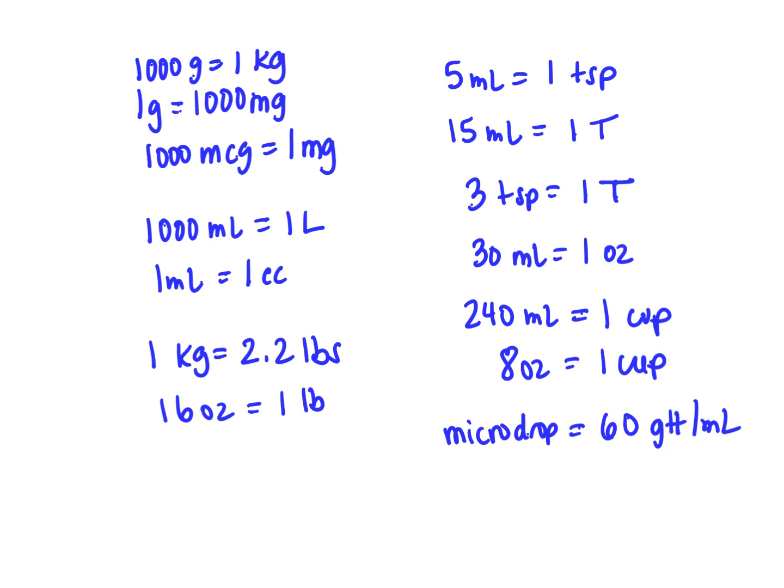So we'll be using that throughout. And the macro drop depends on what drop factor is given to you. And let's move on to doing some dimensional analysis and applying these conversion factors in practice problems.